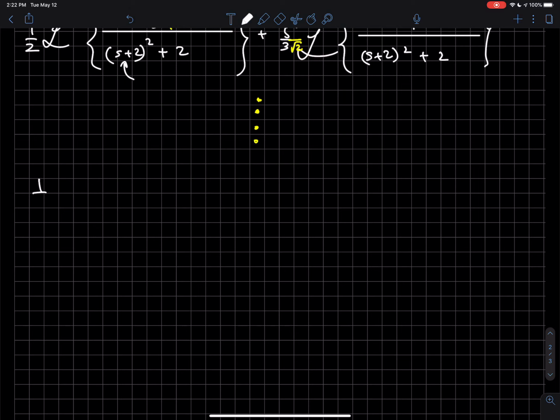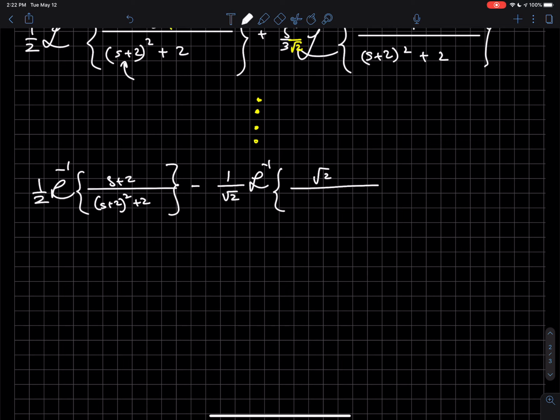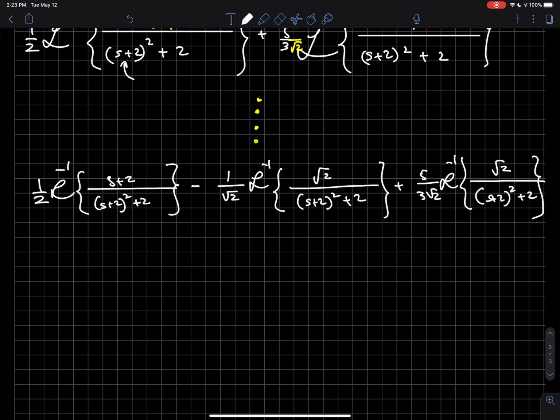So I have 1/2 Laplace inverse of (s plus 2) over (s plus 2) squared plus 2, minus 1 over root 2 Laplace inverse of root 2 over (s plus 2) squared plus 2, plus 5 over 3 root 2 Laplace inverse of root 2 over (s plus 2) squared plus 2. So that's what you end up with.